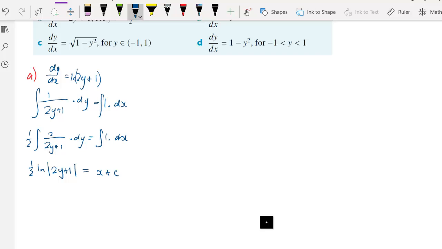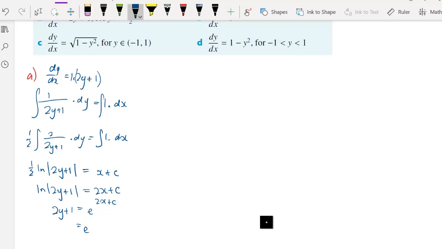We can get rid of this 2, so we multiply this 2 through, and we've got ln(2y plus 1) is equal to 2x plus c. We don't need to change that constant value because that will be worked out later. Finally, to get rid of the natural log, we can use base e. So we now have 2y plus 1 is equal to e to the 2x plus c.